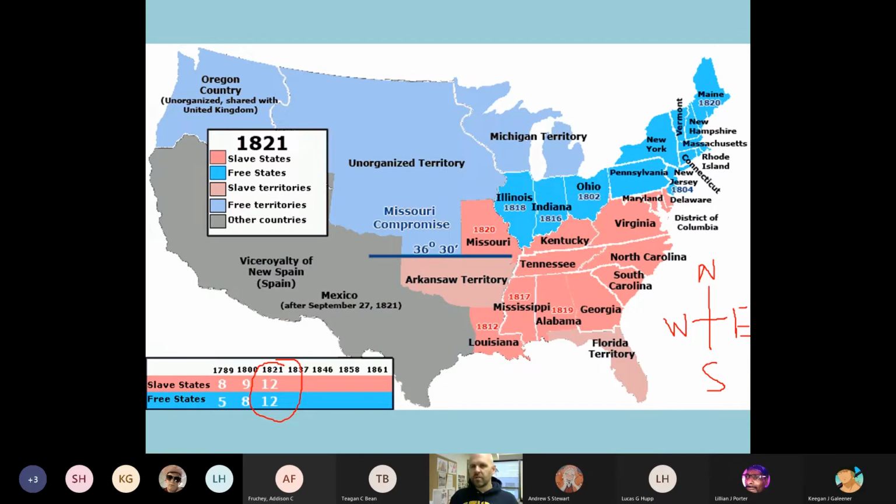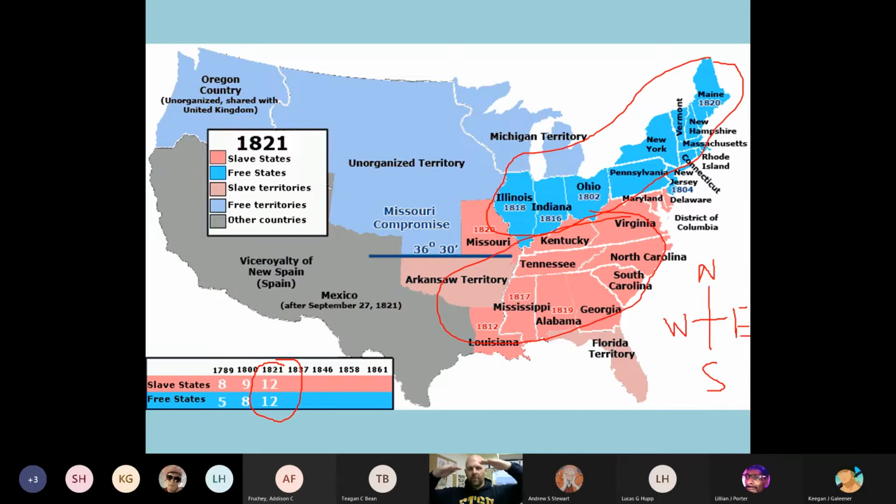That's 2 extra votes for the group of slave states. They can use those 2 extra votes to have an advantage when it comes to voting on laws that have an impact on slavery.